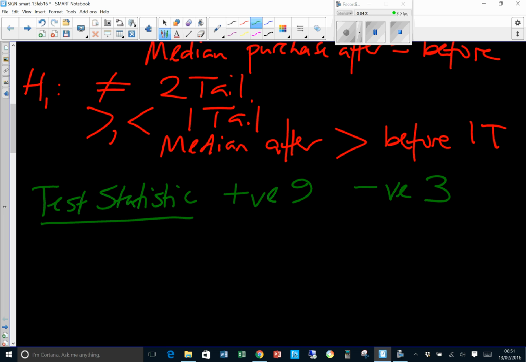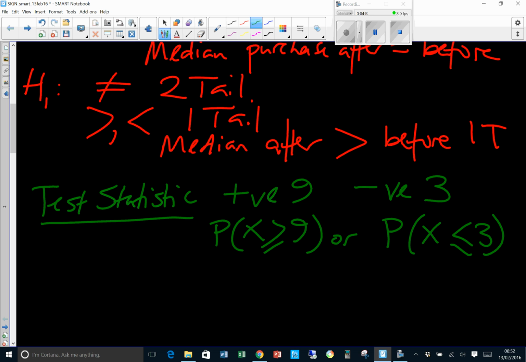So what we're interested in is more extreme positions. More extreme would be whether we had more than 9 households. So that will be the probability of having X greater than 9, or the probability of having X less than 3. Those are the more extreme positions, and of course our calculator allows us to calculate the probability X is less than 3.